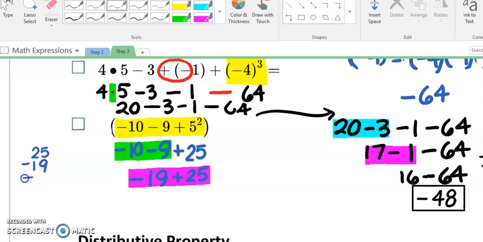But if we do the opposite and subtract, we get 4. Actually, I apologize, let me back up. 25 take away 19 is what I did here because 25 was positive and negative 19 was the other number. I literally kind of thought of it this way, 25 take away 19. And that answer would be positive 4.